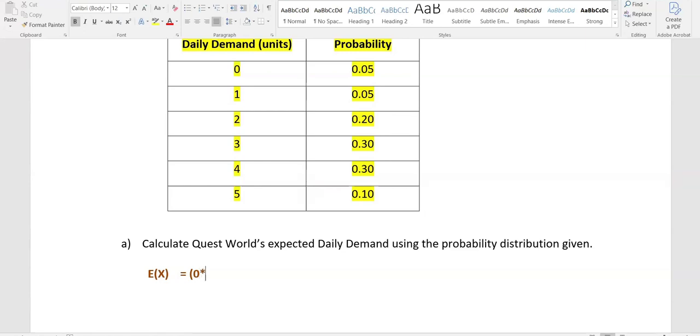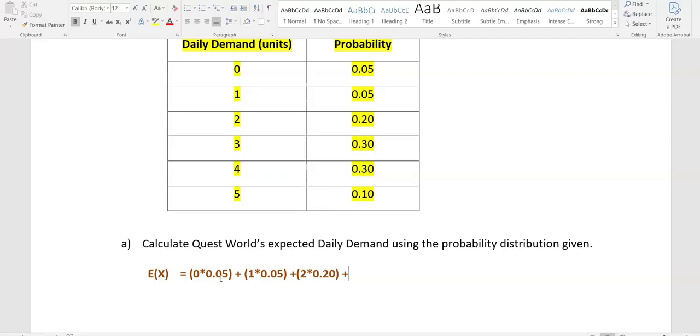So it says 0 multiplied by the probability of 0.05, plus 1 multiplied by the probability of 0.05, plus 2 multiplied by the probability of 0.20, plus. You with me, guys?